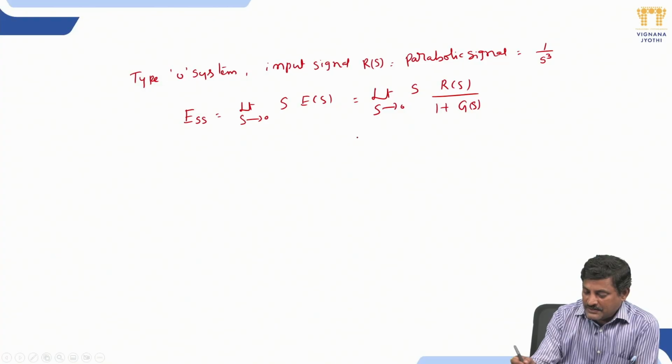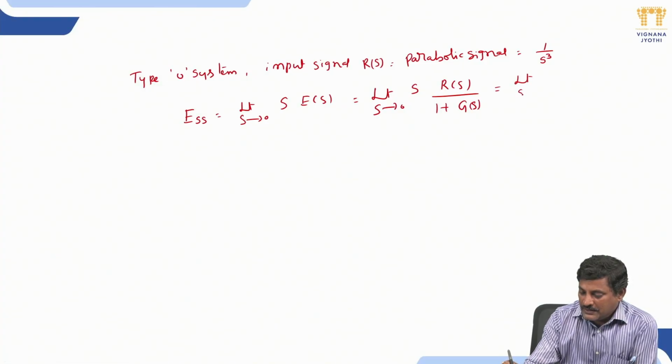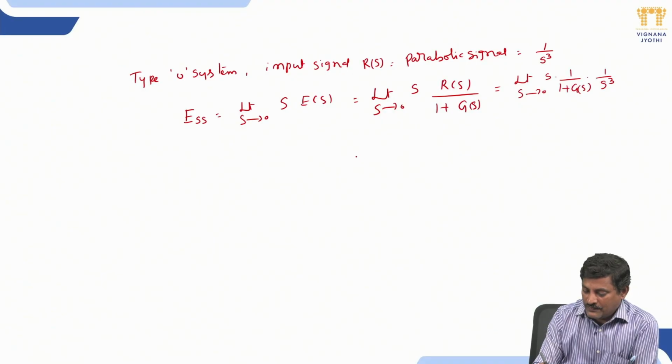Again, same as written here, limit s tends to 0 of s into 1 by 1 plus G of S into 1 by s cube. Finally, limit s tends to 0 of 1 by 1 plus G of S.